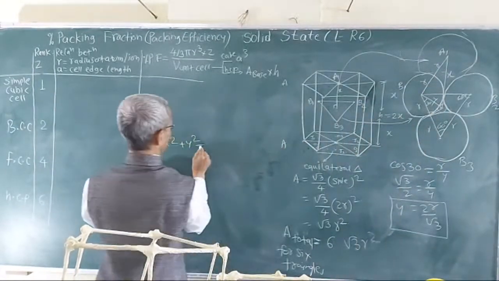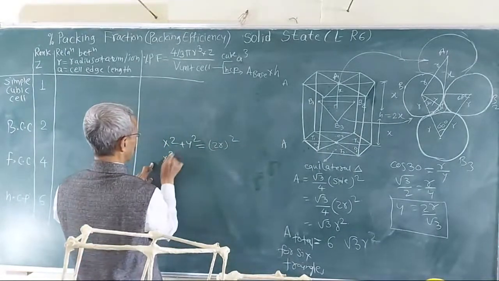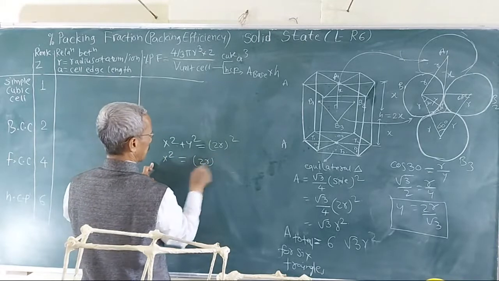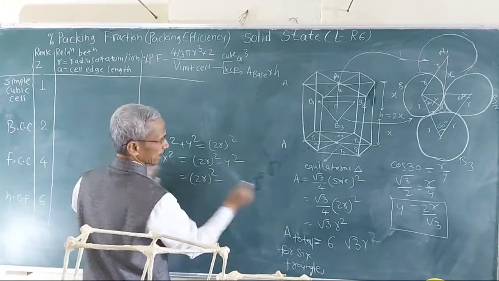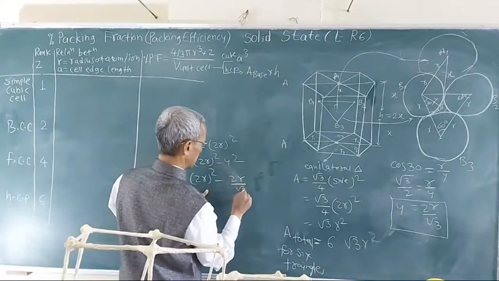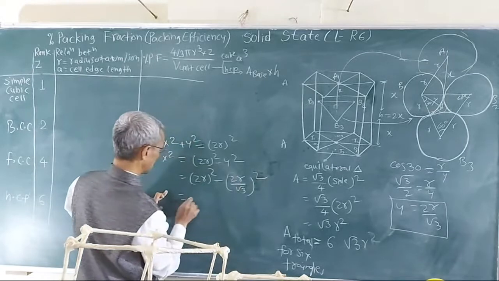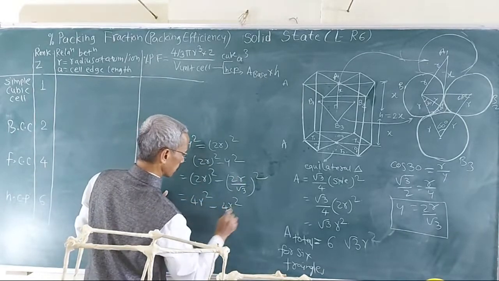So x square is equal to 4r square minus y square, that is 4r square minus 4r square upon 3.